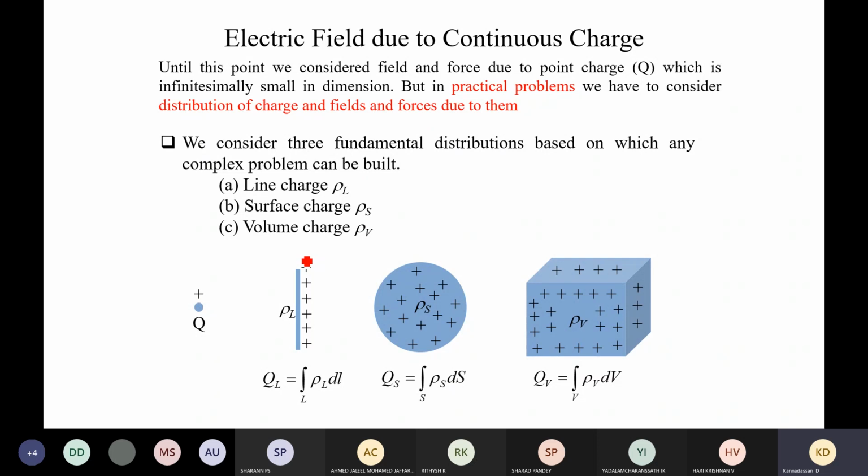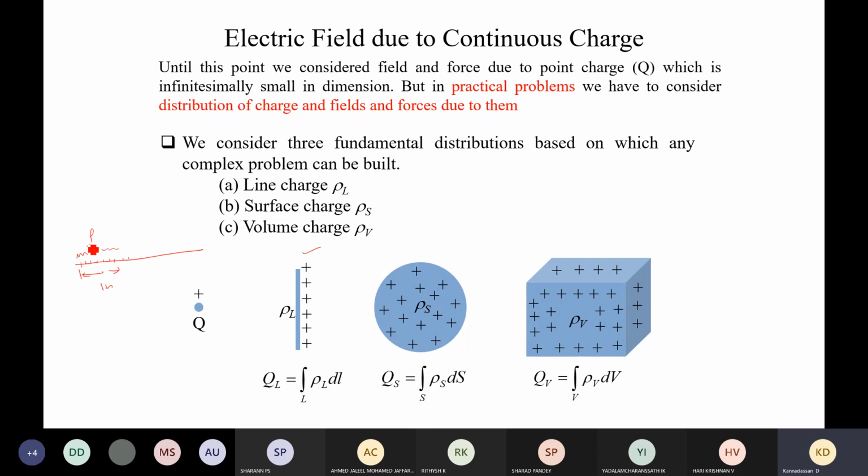Say we have a line of charges, so everywhere on a particular line the charge is available, and the charge is defined with respect to a particular distance. Let's say this is 1 meter, and we have a huge amount of charge distributed over it.